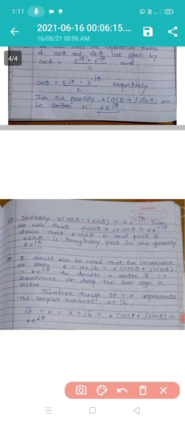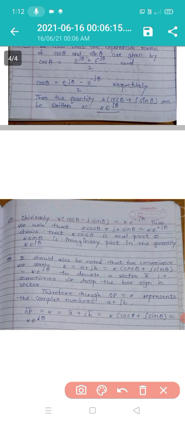It should also be noted that for convenience we write r is equal to a plus jb, that is equal to r cos theta plus j sin theta, that is equal to r epsilon raised to j theta, to denote a vector r bar. Sometimes we drop the bar sign in the vector, therefore OP is equal to r represents a complex number a plus jb. Here OP bar is equal to r, that is equal to a plus jb, and that is equal to r of cos theta plus j sin theta, that is r epsilon raised to j theta.